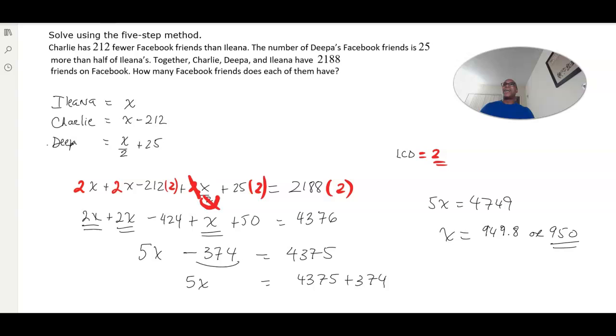All right, so we have 950. Okay, so Eliana has approximately 950. I believe that's the answer.